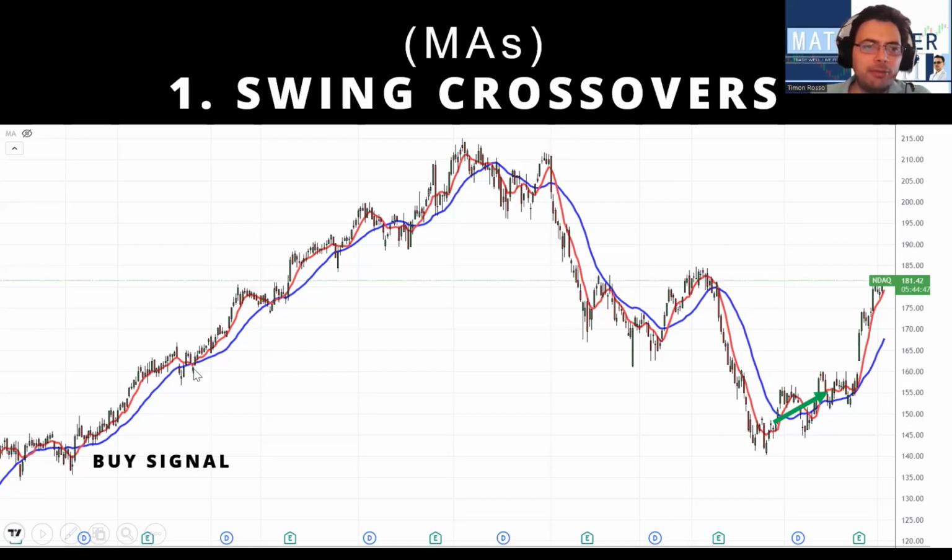Some people have a confirmation rule saying that if the line is touching the moving average, I'm going to remain in my position because it might be a short-term retracement, and then it's going to continue up, which it did. So you hold on to your position, it's touching the moving average.